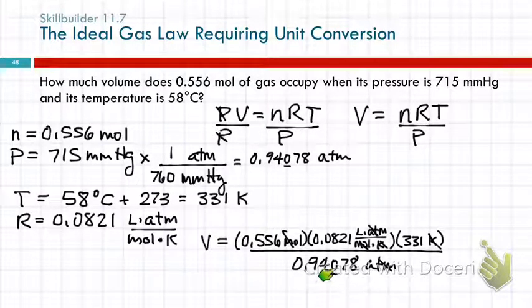I underlined this third digit here because that's the uncertain digit, and that reminds myself that this number has 3 significant figures. When I look at this whole thing, I see 3 sig figs, 3, 3, and 3. My answer should have 3. So I do the math, 0.556 times 0.0821 times 331 divided by 0.94078.